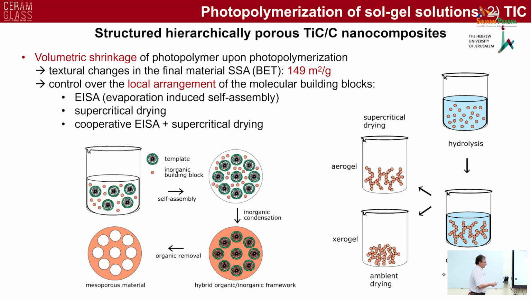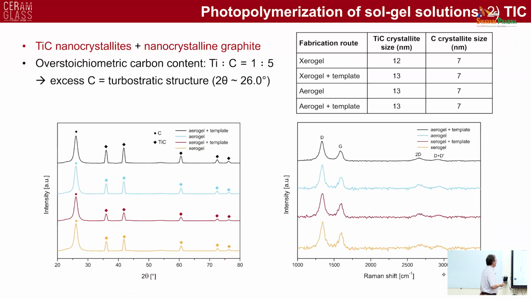So you have your sol gel where the precursors are hydrolyzed, they start condensation, and then you obtain either what is called a xerogel after ambient drying, or you obtain an aerogel after supercritical drying. After firing, we obtain titanium carbide nanocrystals plus nanocrystalline graphite with excess carbon as desired.